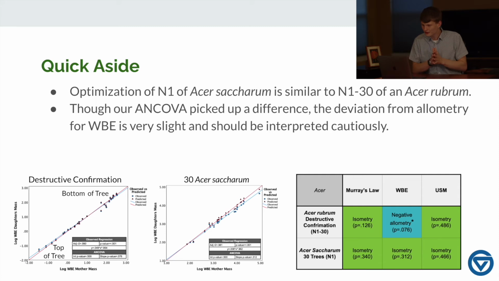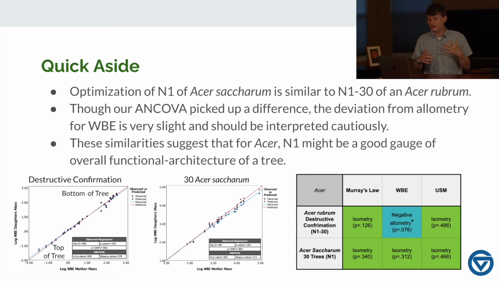And even though our ANCOVA picked up a significant difference there, or a marginally significant difference, the deviation from isometry, when you actually look at the figure, which is the one on the left, is pretty slight, and so we should interpret it cautiously. Looking at that figure, the ANCOVA found a significant difference, but it's pretty close to isometry. And you can compare that to the center figure, which is for the 30 Acer, the Westbrown-Enquist. And so across the board, they're pretty similar.